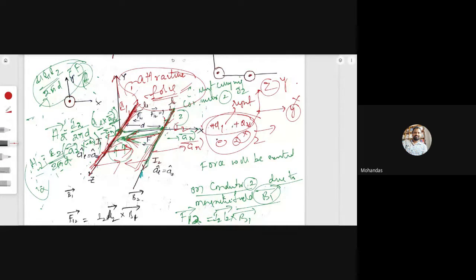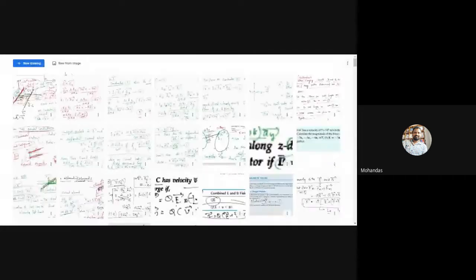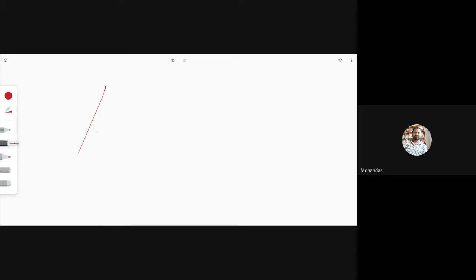Similarly here too, if two conductors are there, let me conclude it. Two conductors are carrying current I1 in this direction and I2 in the same direction. So there is a force between these two conductors, and the type of force is attractive.